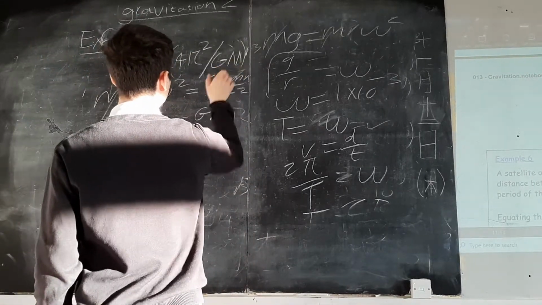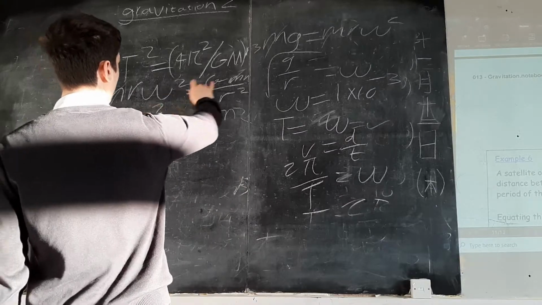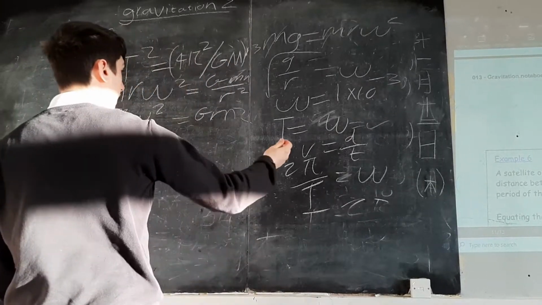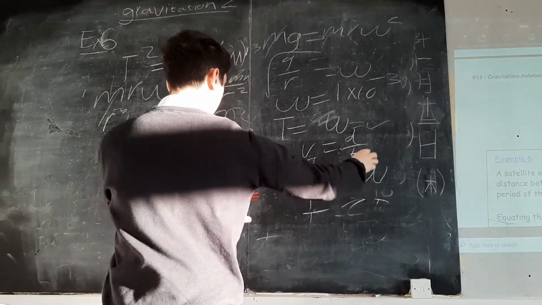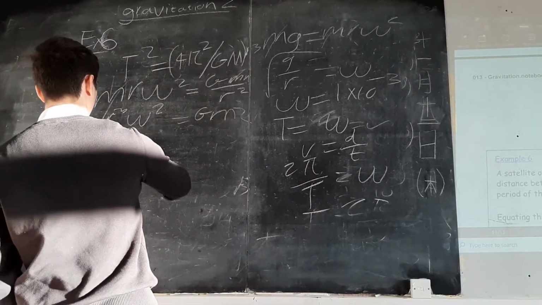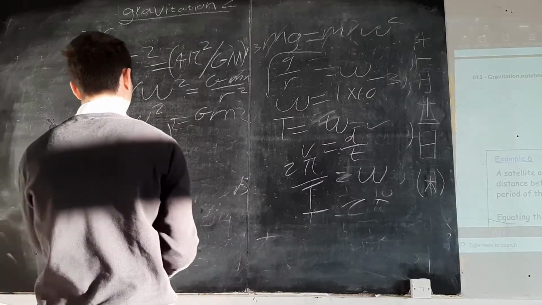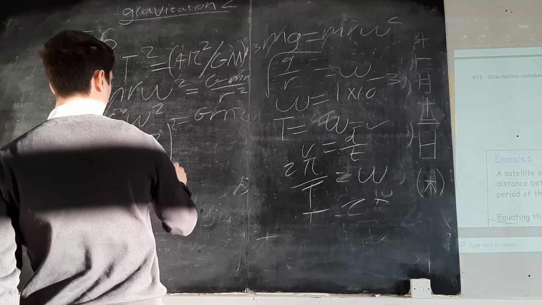So we've got that GM, we've got R cubed. We need 4 pi squared. Omega is 2 pi over T, squared, but that's not quite what we need.